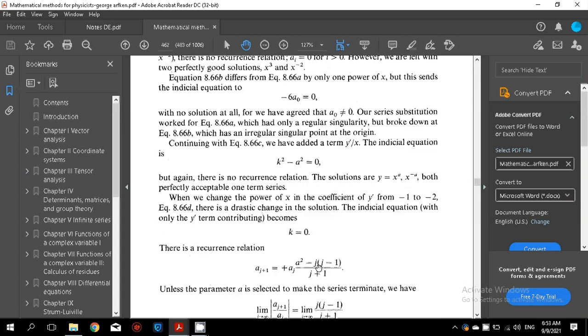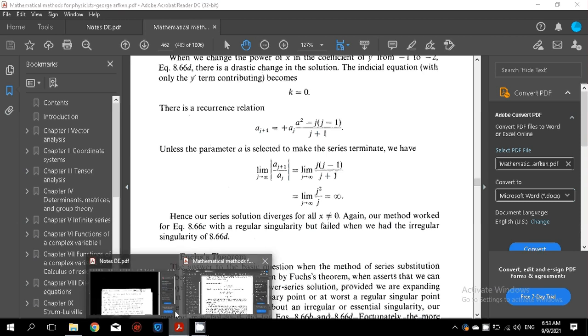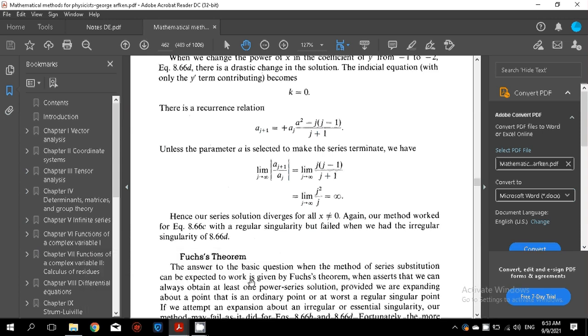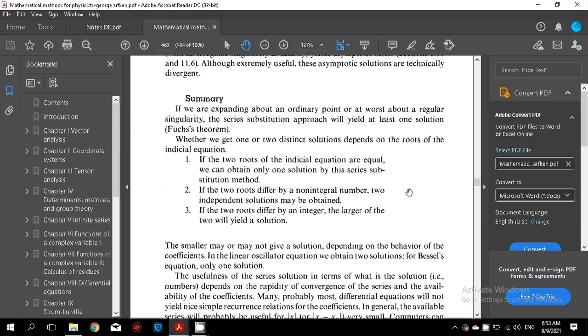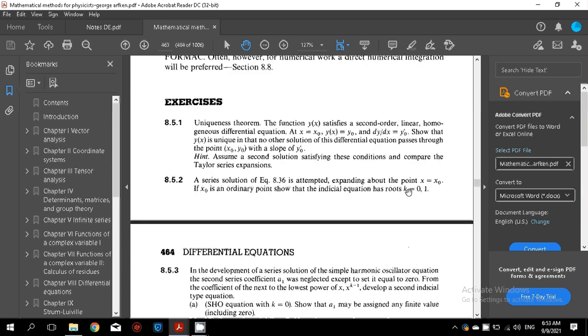Let me go to the book. So this is the book. I will assign you the homework in the form of a few exercises in the next lecture. Right, thank you very much.